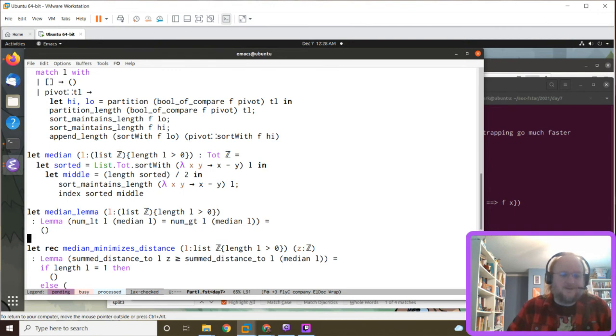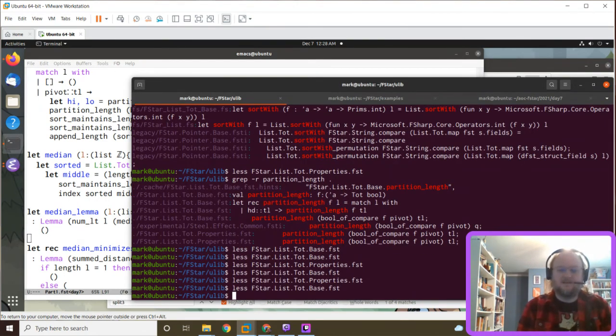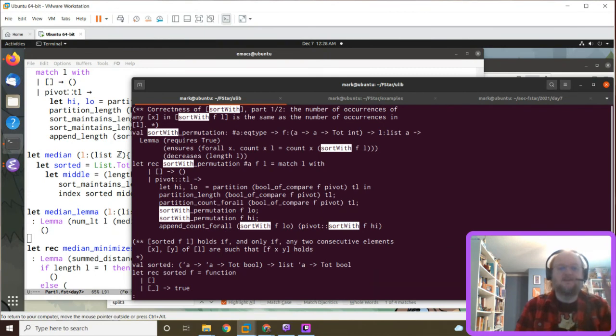And now I think we're back where I started a while ago on do we need to prove that sorting. Do we need to use this lemma? Or can we adapt this lemma?